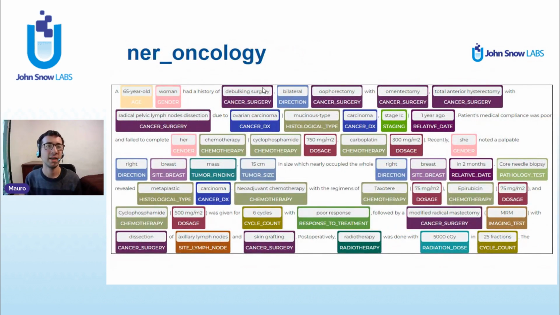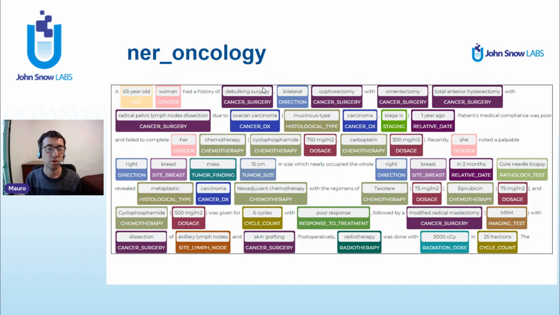Okay, here you can see an example of the output of one model. Here I chose NER oncology, and you can see that it extracted many different parts of the text. It classified different parts of the text, including cancer surgery and cancer diagnosis and histological types such as mucinous type, stages, chemotherapy, and so on.